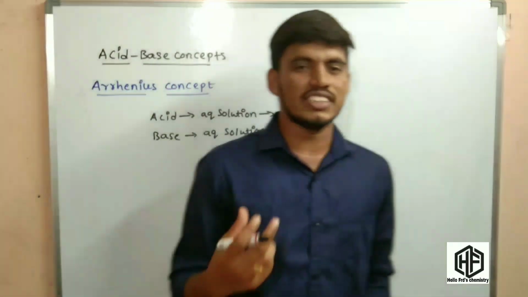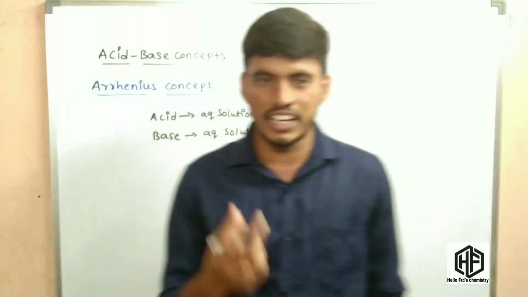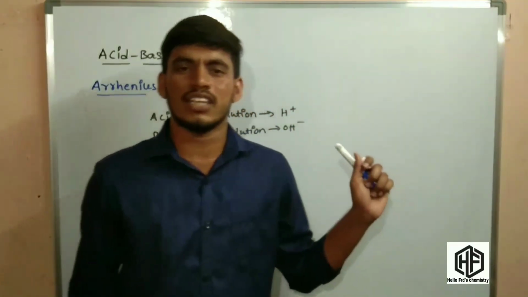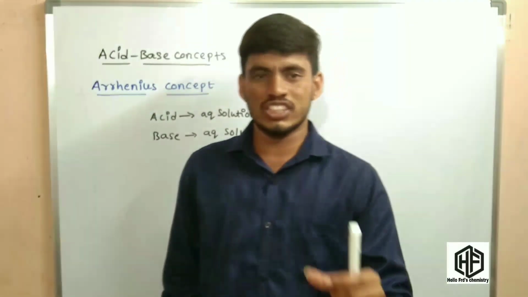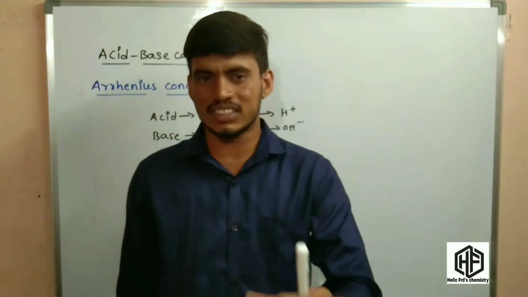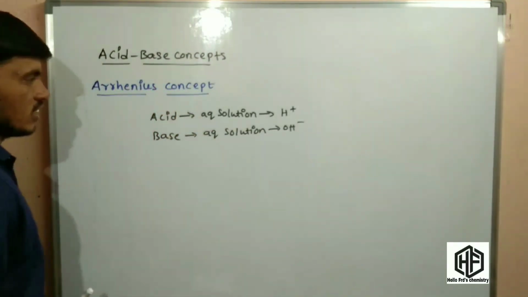Any substance that is dissolved in aqueous solution and dissociates to give H plus ions is called an Arrhenius acid. And any substance that is dissolved in aqueous solution and dissociates to give OH minus ions is called an Arrhenius base.